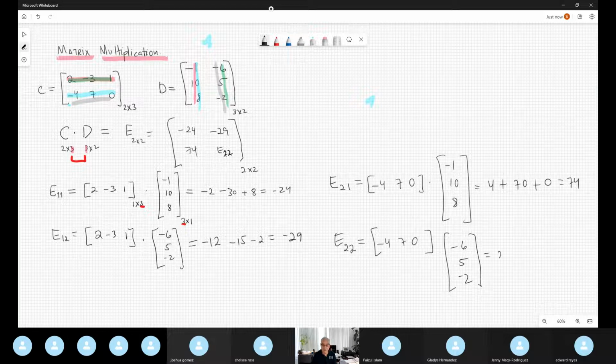We have 24 positive, plus 35, plus 0. The answer is 59, positive 59. And this is the multiplication.